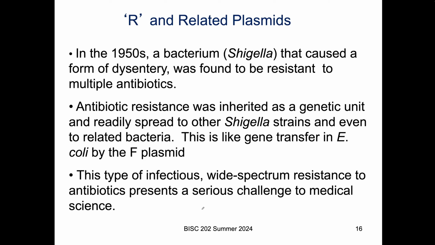Because remember, bacterial cells can sometimes just take up DNA out of the environment. So I will just go through really quickly in the lecture a small amount of information about that topic. Some of you are really interested in medical things, and I thought this would be of interest to you. Okay, I'm going to stop.